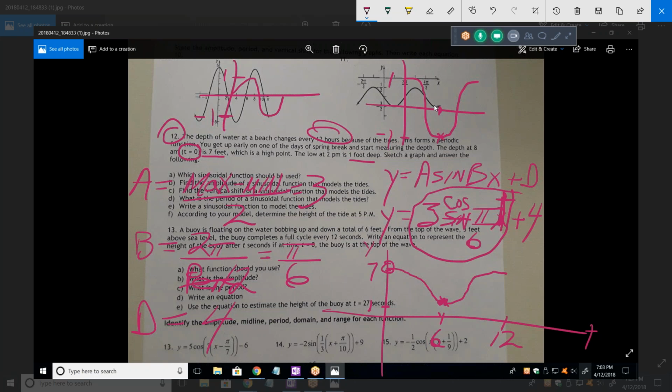Well, if I use cosine here, I don't have any phase shift at all. If I were to use sine, I would need to put in a phase shift because I'm not looking at a sine curve. I'm looking at something that looks a lot more like a cosine curve, a positive cosine curve that's been vertically shifted up by 4 units.